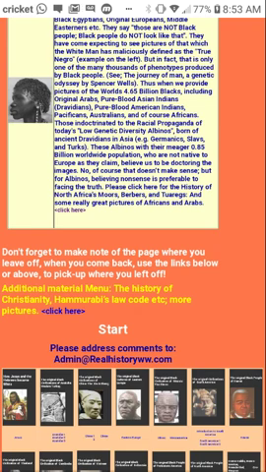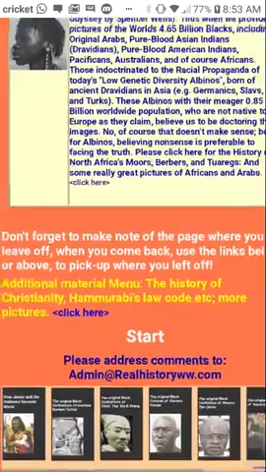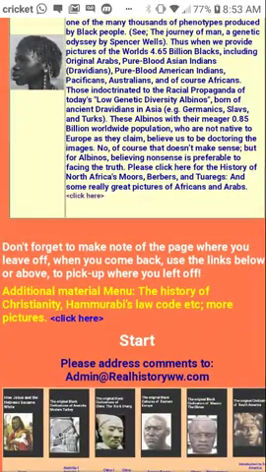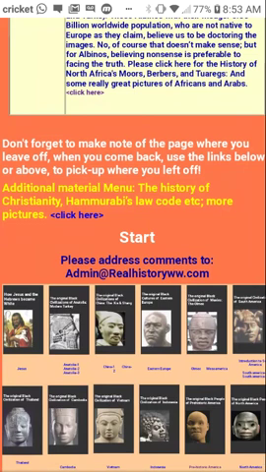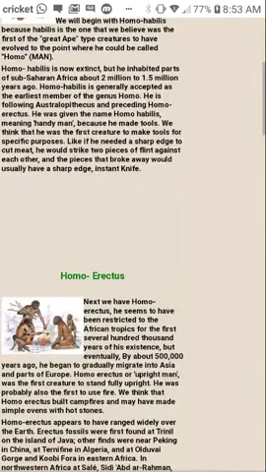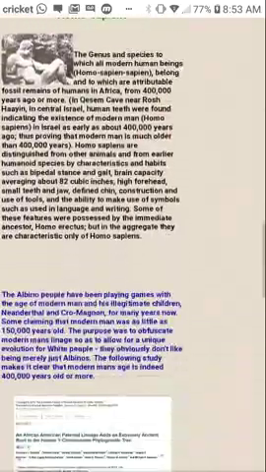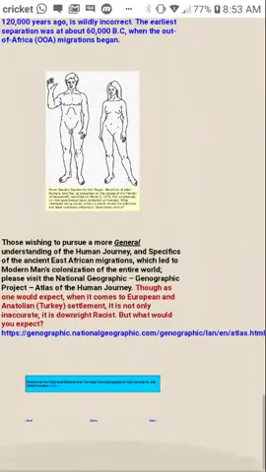Anyways, additional material menu, the history of Christianity, Hammurabi's law code, etc., and more pictures. Click here. Or you can press start button, boom, click there, and it'll go from the beginning of this whole storyline. You can read from the beginning, and if you believe in Homo habilis, Homo erectus, and blah, blah, blah, and all that nonsense, I don't believe in all that.